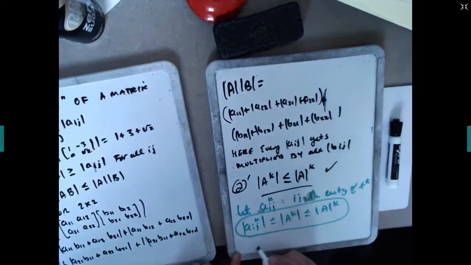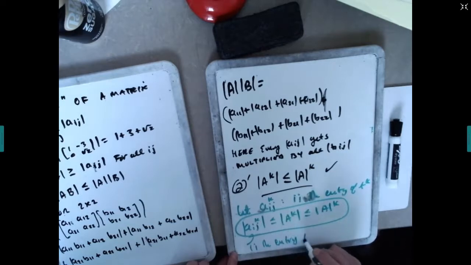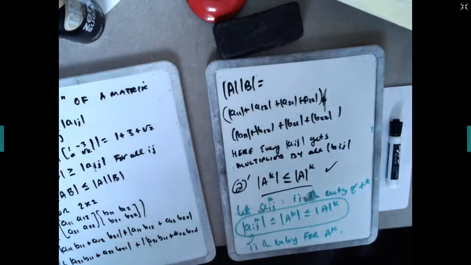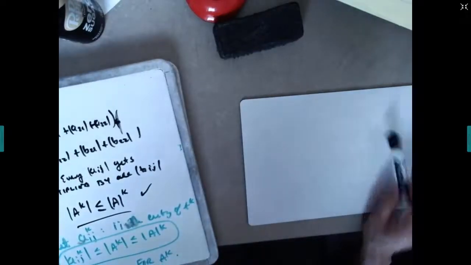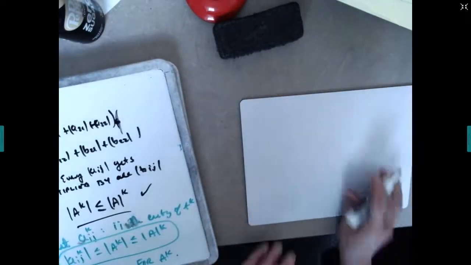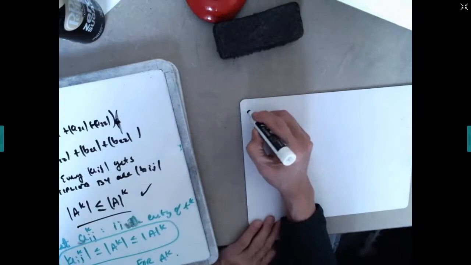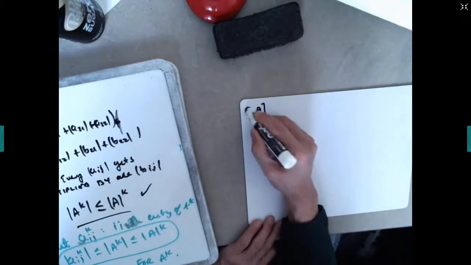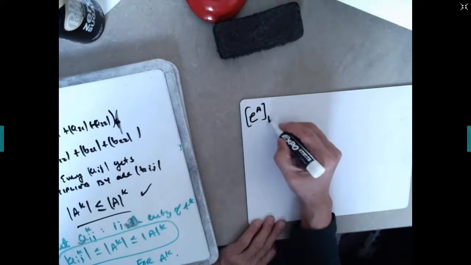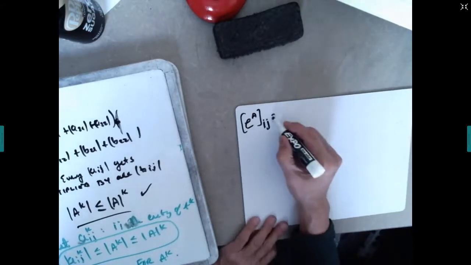So remember, this is the ijth entry for A to the k, right? And we have that completely dominated by this. Now we're about ready to seal the deal. So now let's take a look at e to the A, and let's look at its ijth entry.